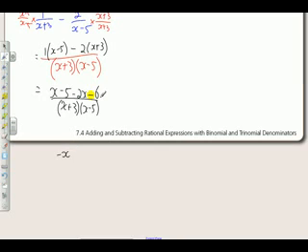Negative 5 minus 6 gives you negative 11. Over, don't expand the denominator, leave it in factored form. x plus 3, x minus 5. But we have to do our NPVs. Any denominator that had an x in it, got to do an NPV off of. And for these ones, it's x cannot equal negative 3 and positive 5.